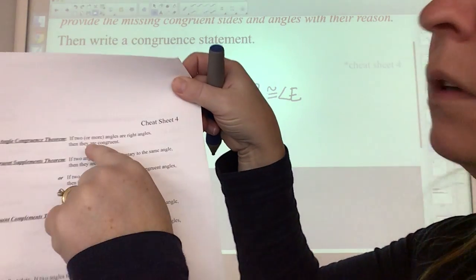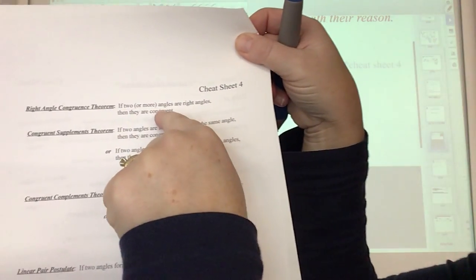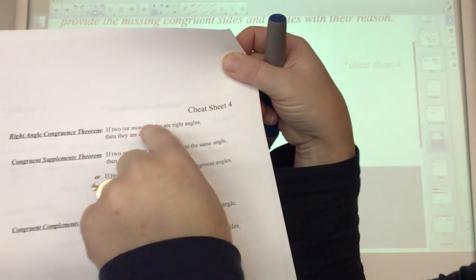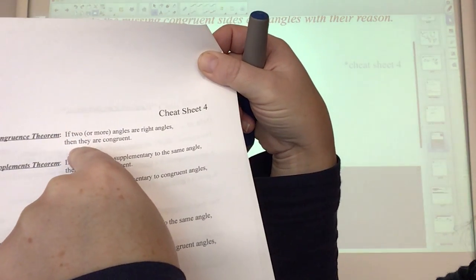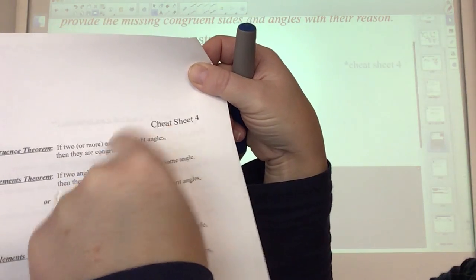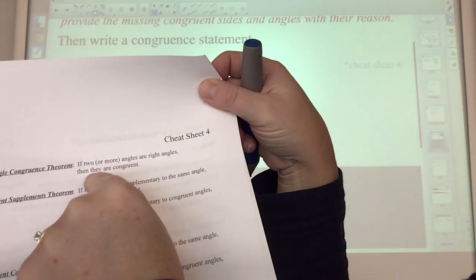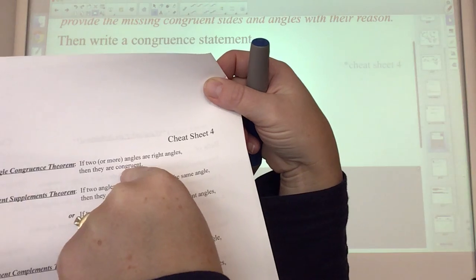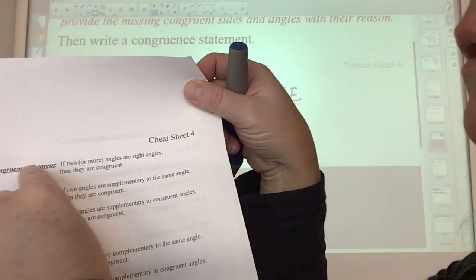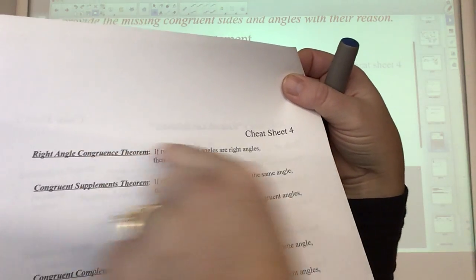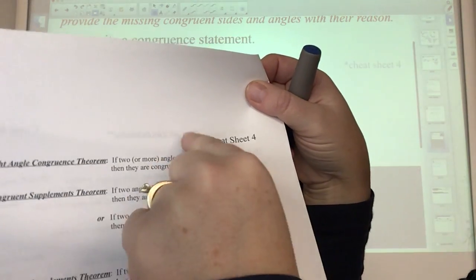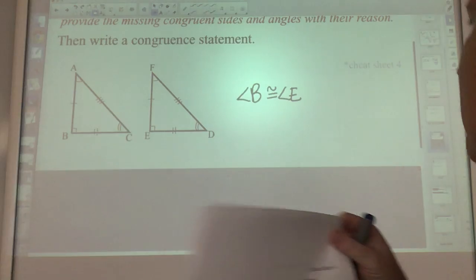If 2 or more angles are right angles, so we don't have more, we only have 2, if 2 angles are right angles, then they are congruent. We have the "if" in the picture, we don't have the "then" until we write it down. It's called the right angle congruence theorem, and yes, you have to write that all down. If you want to complain, I can make you write all of that down. I don't. I only make you write the title down.